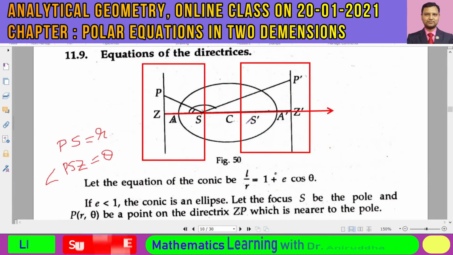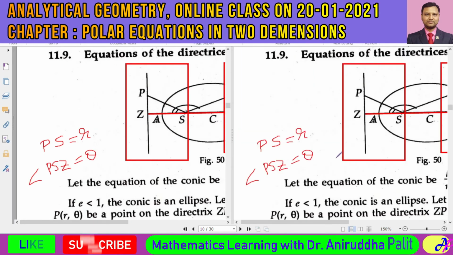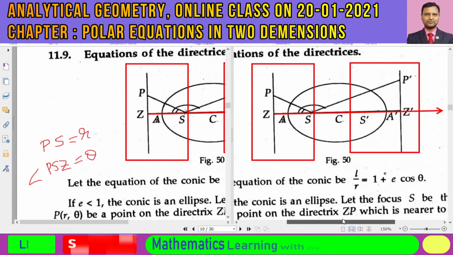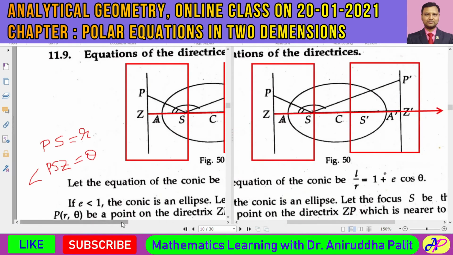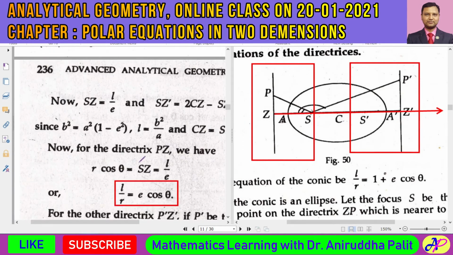And in that case, let me again divide this picture. Let me show it in this fashion. We need to divide the screen in this fashion, otherwise it is not possible to show all this computation. Now you see, what is SZ?